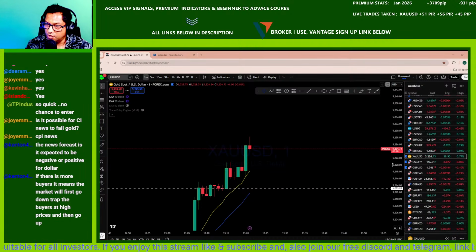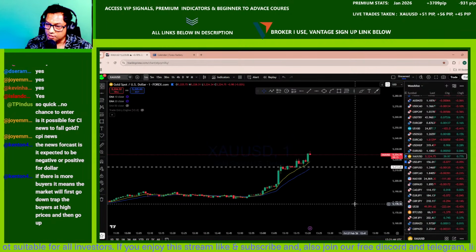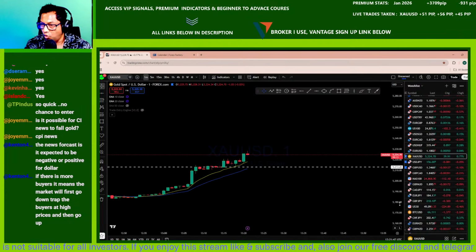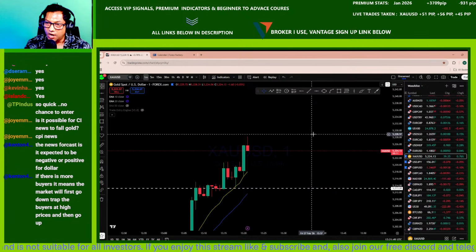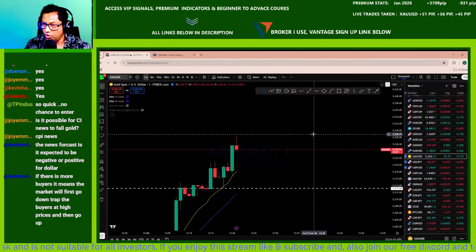This is a very interesting market structure that you can see. Sudden increased in the volume in the market that you can see after this consolidation, and we have 10 minutes to go.